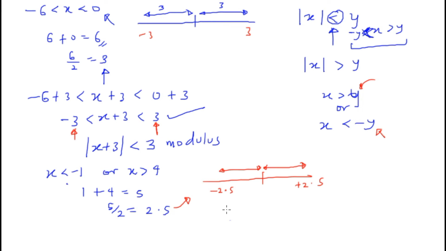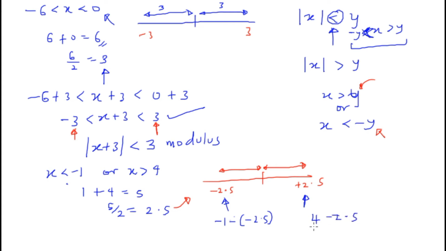So what I just need to do is subtract these values from the points, from -1 and 4. So I'll have -1 minus 2.5 for that point, and then 4 minus 2.5.